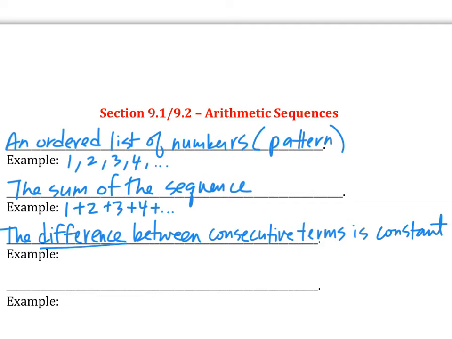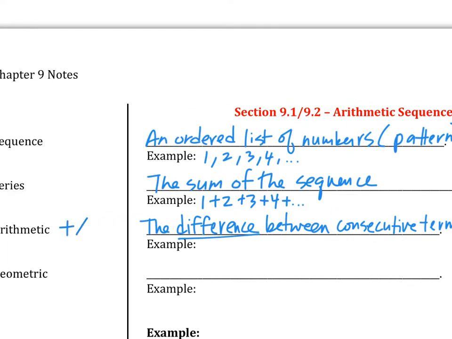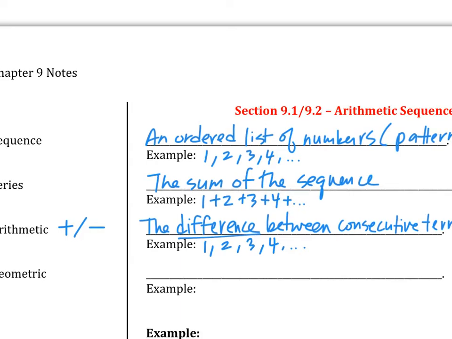Arithmetic means to get to the next number, you're going to add or subtract. So if you want to make a really big note, it's going to be add or subtract to get to the next number. So like 1, 2, 3, 4. You add 1 to get to the next number, or like our warm-up or the activity, add 4 to get to the next number. So when you add or subtract, we call that arithmetic. It's an arithmetic kind of sequence or arithmetic kind of series.